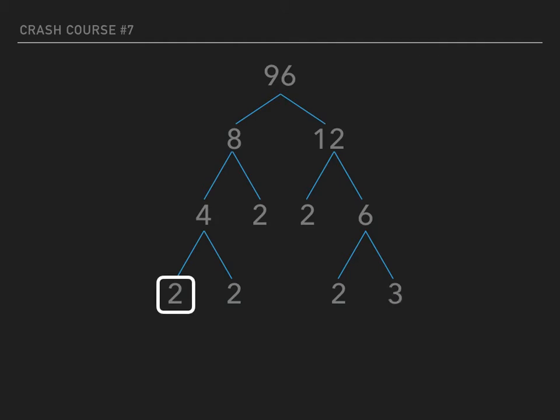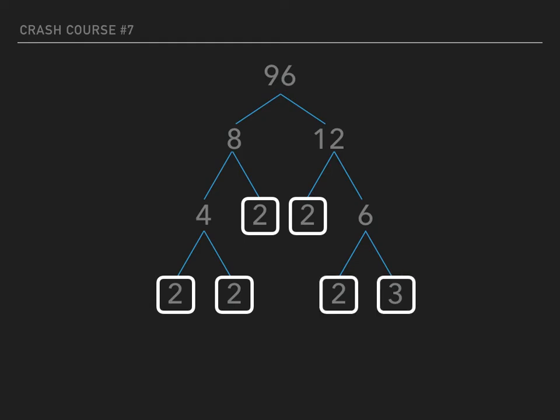The prime numbers that make up 96 are 2, 2, 2, 2, 2, and 3. So I have 2 times 2 times 2 times 2 times 2 times 3.